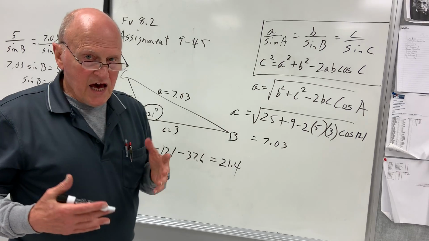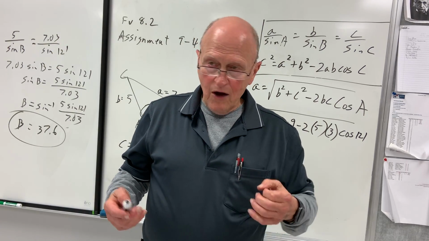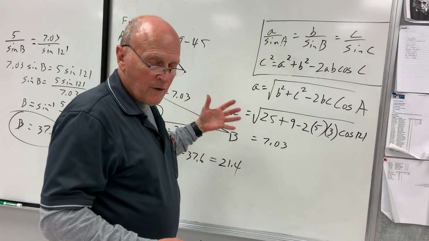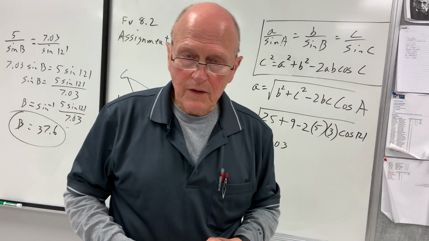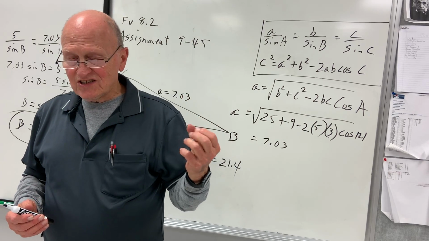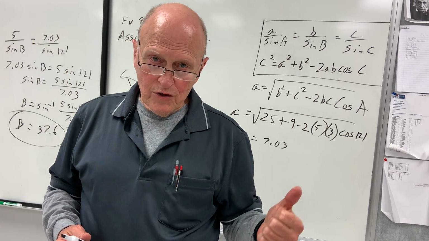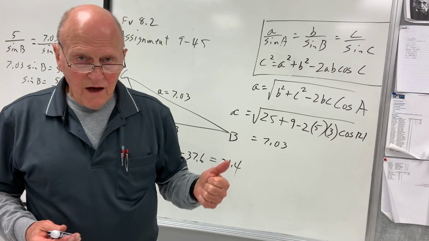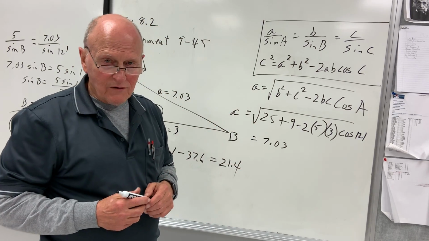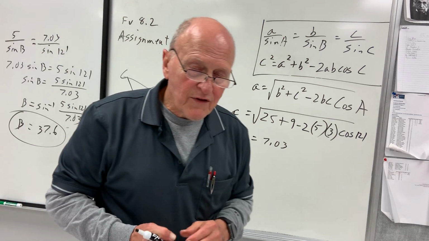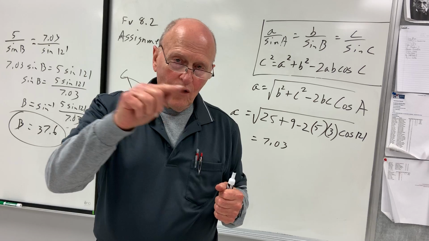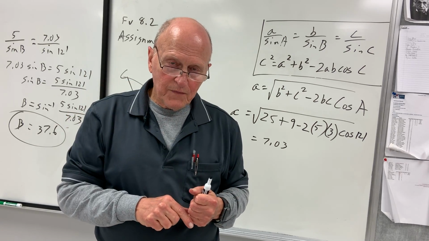Every problem in this section is like one of the three problems that we worked. Again, if we're given two sides and an included angle, we're going to use law of cosines to find the side opposite the given angle. If we're given three sides, we're going to use law of cosines to find one of the three angles.